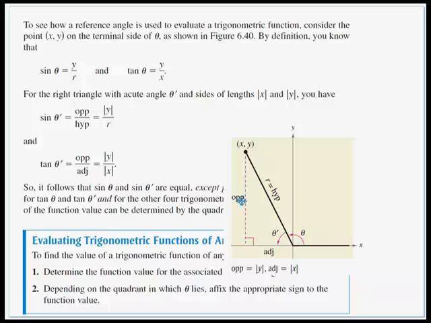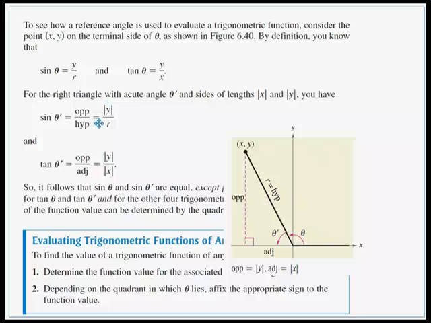The opposite side happens to be the height of this, which is our y coordinate. And the hypotenuse is r. And the tangent of our reference angle, theta prime, is opposite over adjacent. Well, the opposite side is the height, or the y side, and the adjacent side is the x value. And again, we're thinking with a triangle here, so these are absolute values.